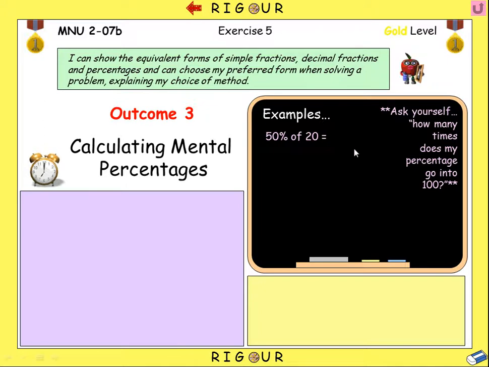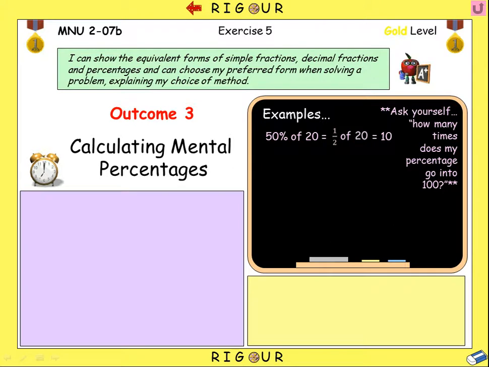So we count up in 50s until we get to 100. 50, 100, so that's 2 times. So therefore our fraction is going to be 1 over 2. We're going to calculate a half of 20. Now how do you calculate a half of 20? You divide by 2. You divide by the number of times that 50 goes into 100. And 20 divided by 2, of course, is 10.